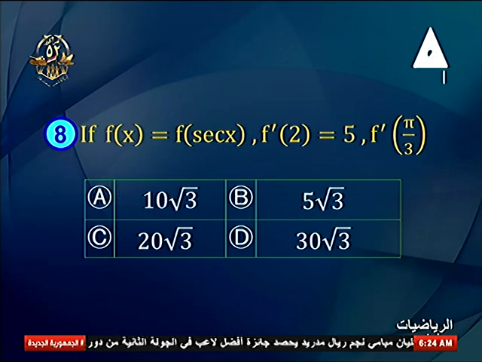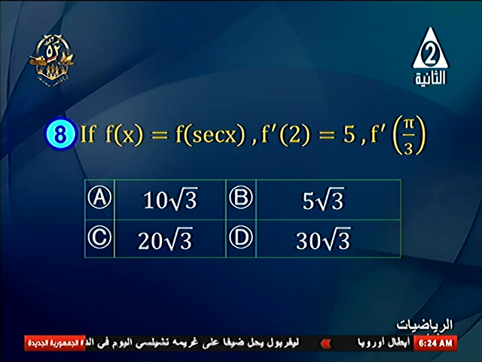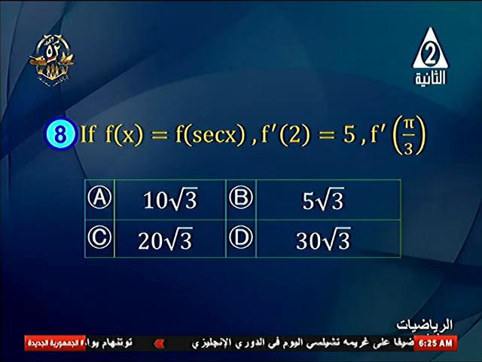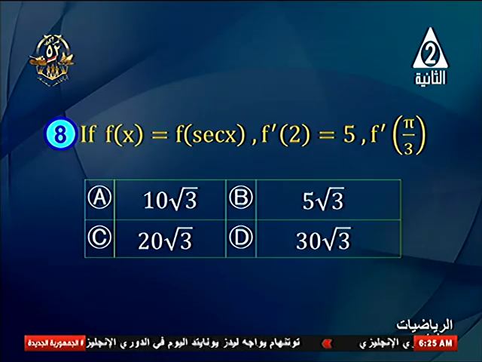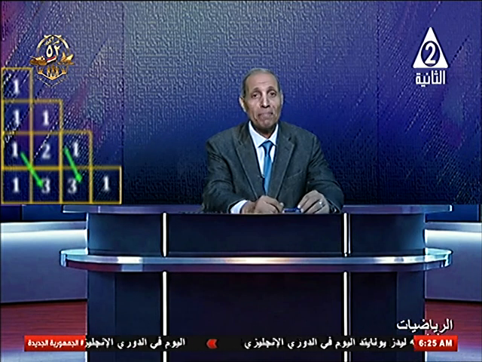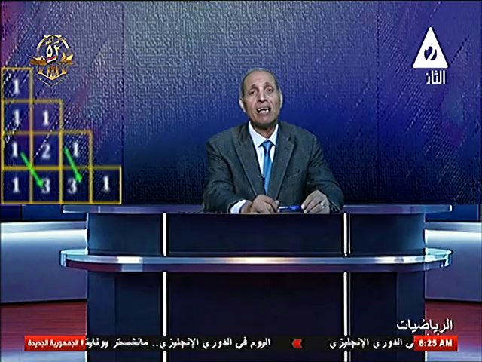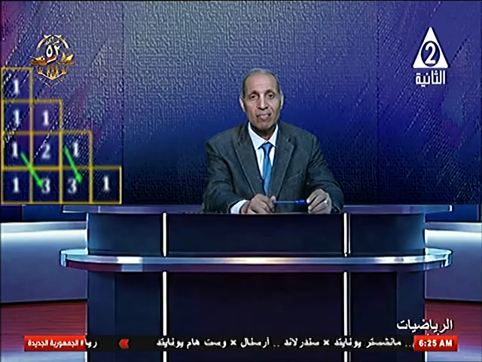Now we move to another example. If we have f of sec x, remember, what is the sec? Yes, it is the multiplicative inverse of cosine. My dear student, we know from the previous differentiation, if we have y equals sec x, what is y dash, or the differentiation of sec x?